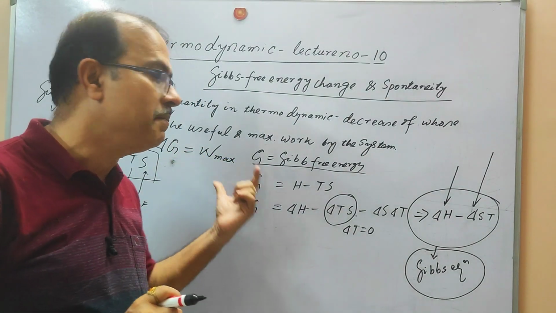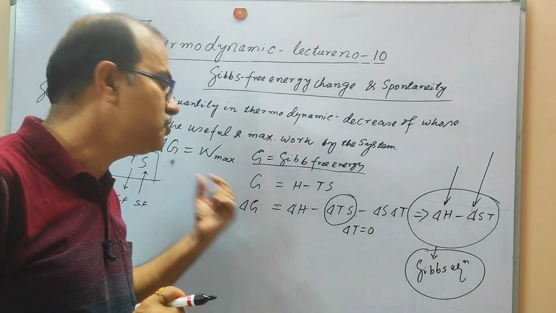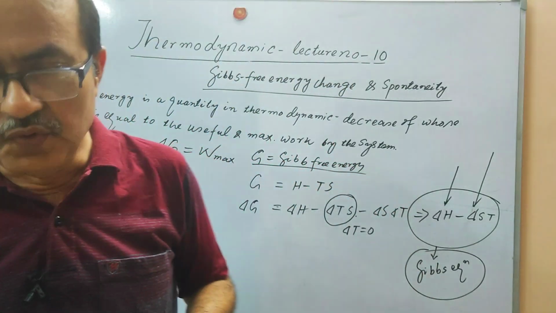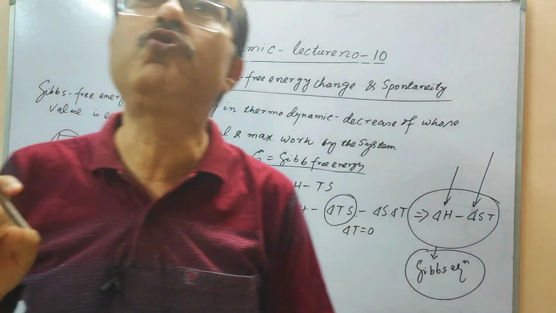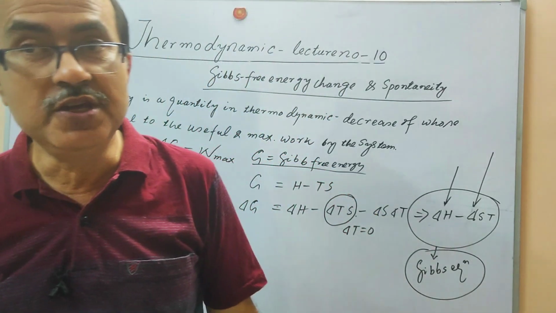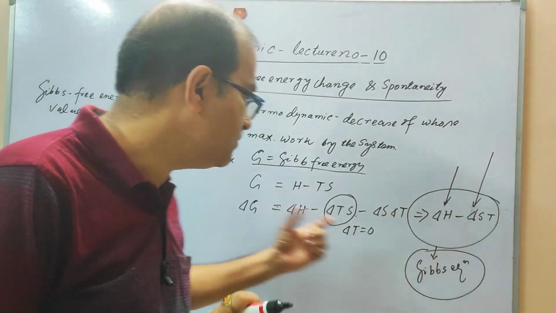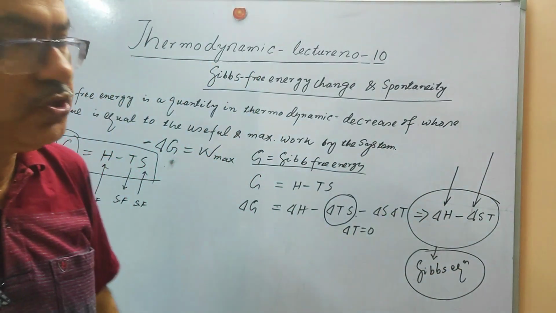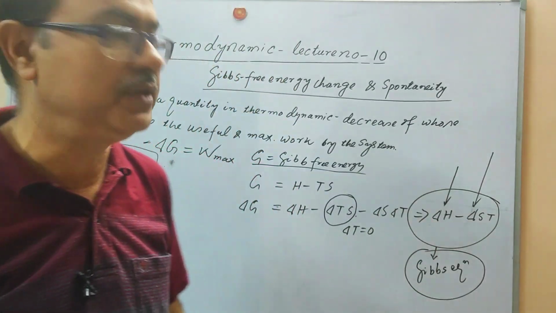That is the main theme, the brainchild of this function. This function helps you ascertain the spontaneity of the reaction without separately considering the enthalpy change and the entropy change. It is built into the equation, and here you can see both important terms which contribute to the spontaneity of the reaction.